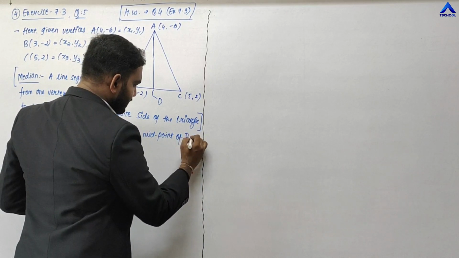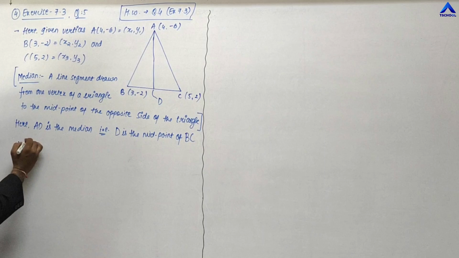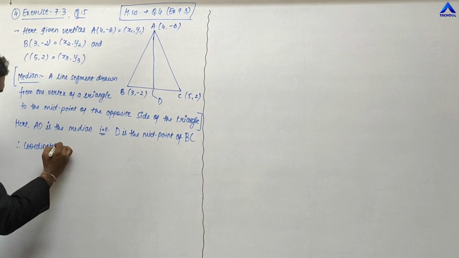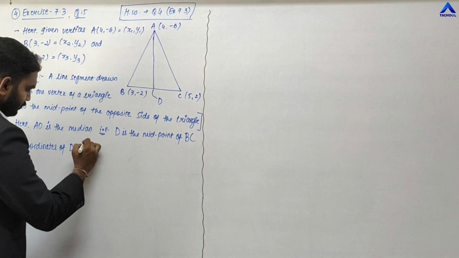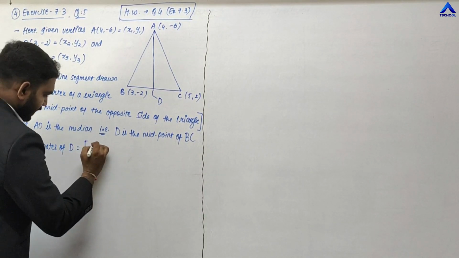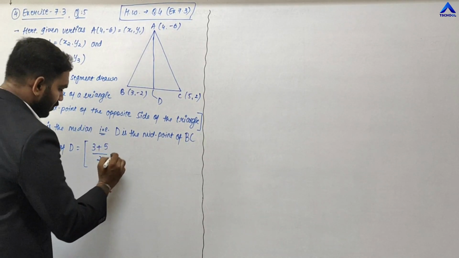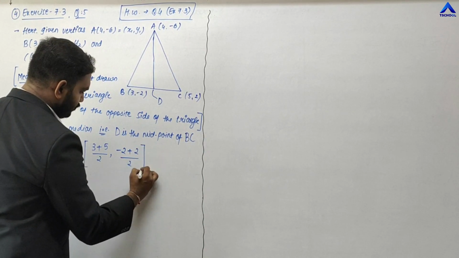So what you can say about point D using the special case, therefore coordinates of D is equal to (3 plus 5 upon 2, minus 2 plus 2 upon 2).